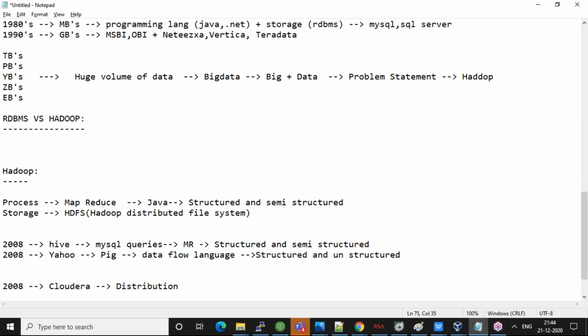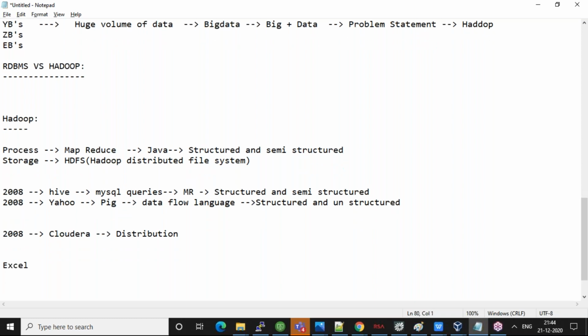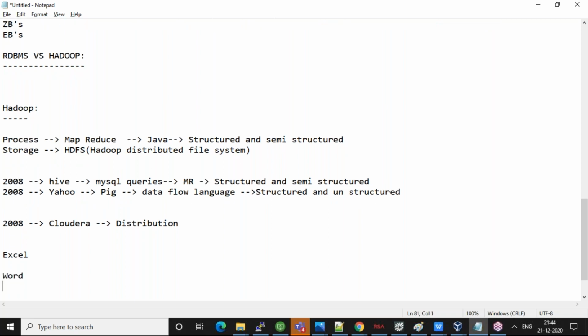What is the meaning of distribution? I will tell you one thing. Suppose, for example, before Microsoft Windows was available in the market, if you wanted Excel, you had to download Excel manually, and if you wanted Word, you had to download Word.